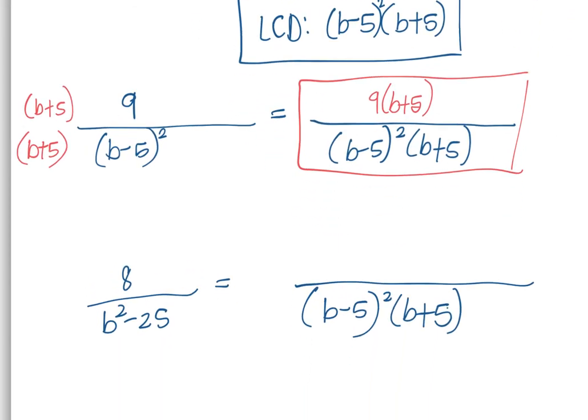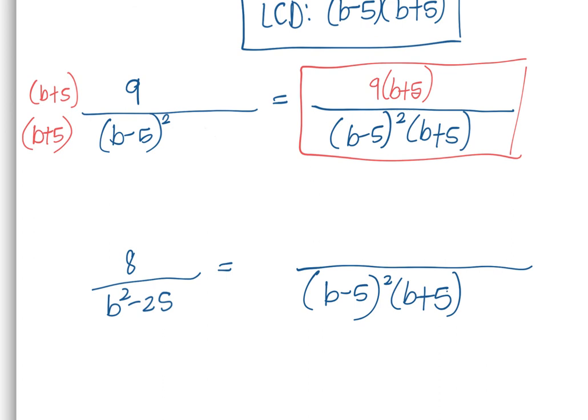I'm going to erase the b squared minus 25 and replace it with its factored form, the difference of squares, b plus 5 times b minus 5. How do I make that equal to b minus 5 squared times b plus 5? The only difference is that this b minus 5 right here is squared, and this one is not.